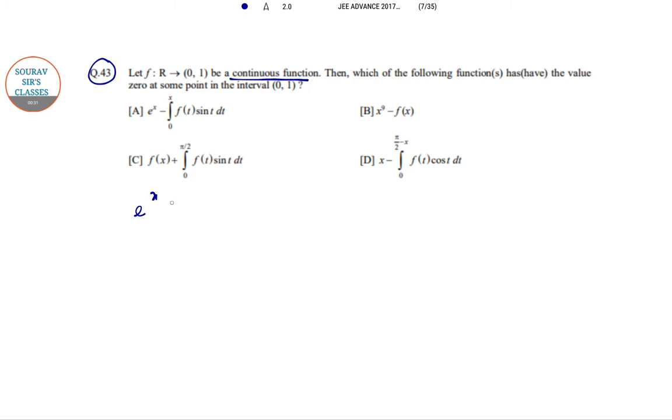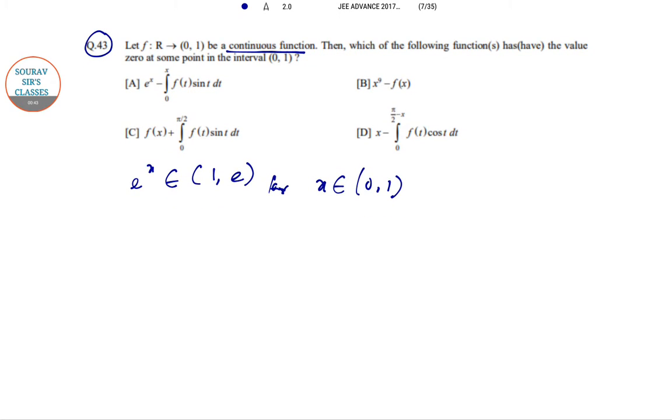So e to the power x belongs to 1 to e for x belongs to 0 to 1, and the integral from 0 to x of f(t) sin t dt.